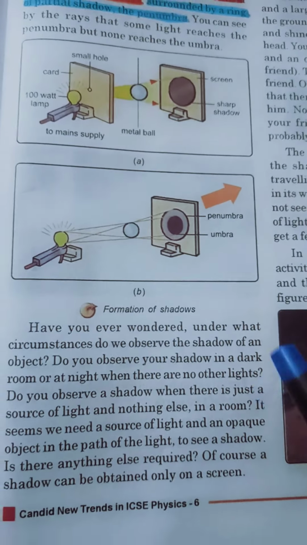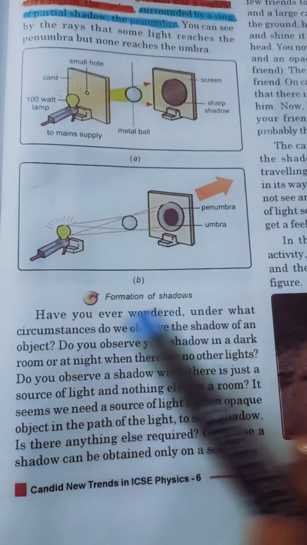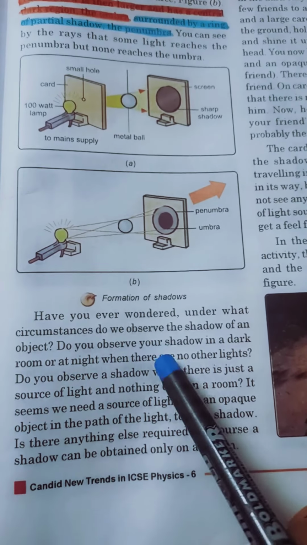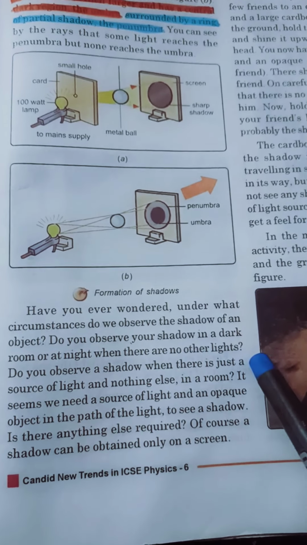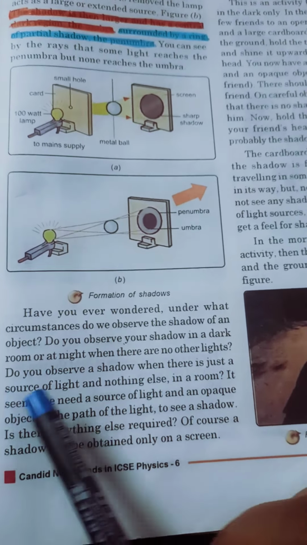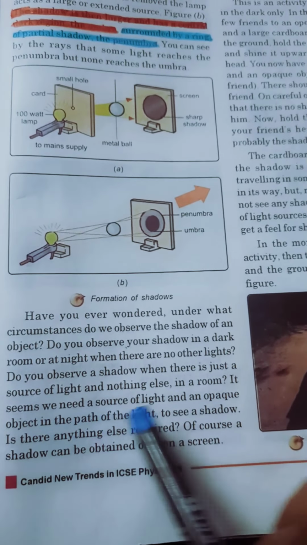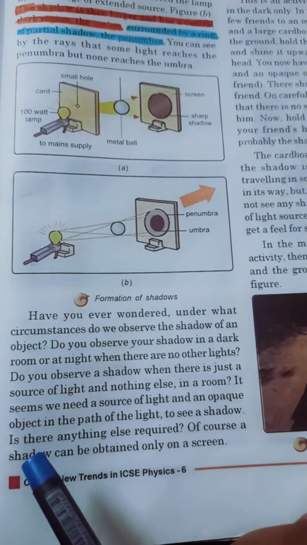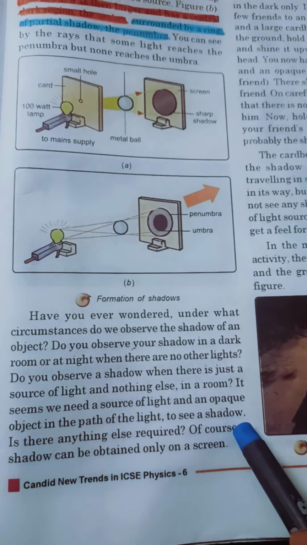Have you ever wondered under what circumstances we observe the shadow of an object? Do you observe your shadow in a dark room, or at night where there are no lights? Do you observe a shadow when there is just a source of light and nothing else in a room? It seems we need a source of light and an opaque object in the path of the light to see a shadow.